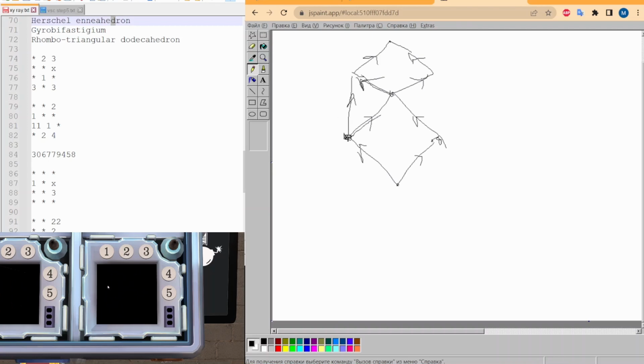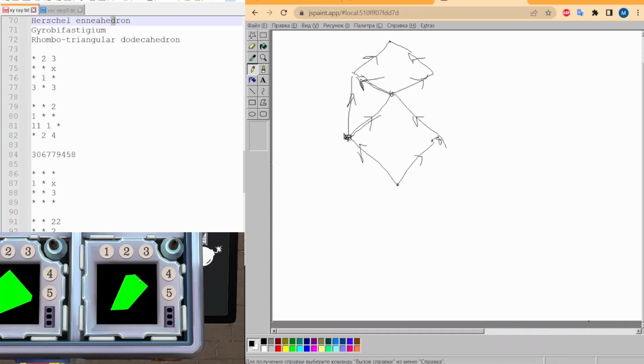Yep. Let's see that again. 1, 2, and then this went here. So basically from here went here, here, and then this turned, came here, and basically formed a triangle.